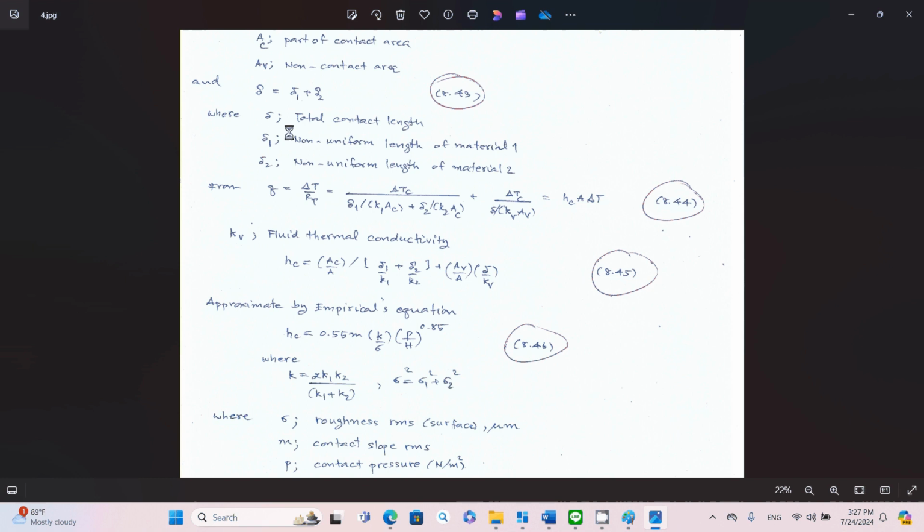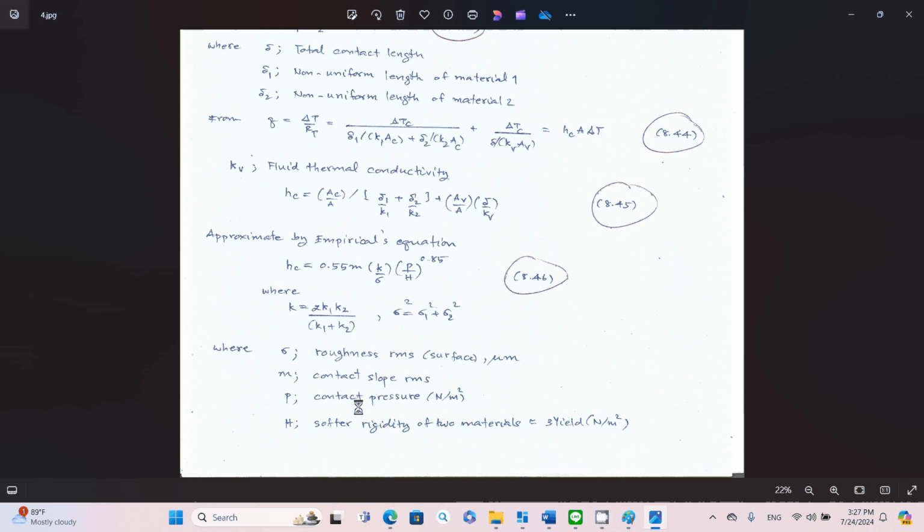As you know, delta is the total contact length, delta 1 is the non-uniform length of material 1, and delta 2 is the non-uniform length of material 2. You also have contact pressure coming into play an important role in the equation.